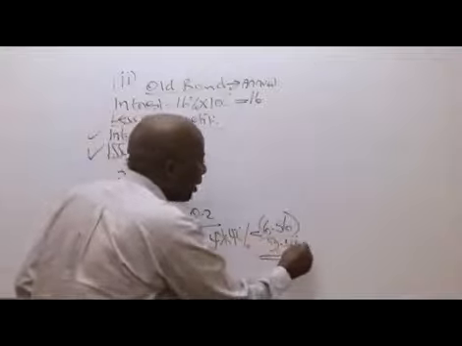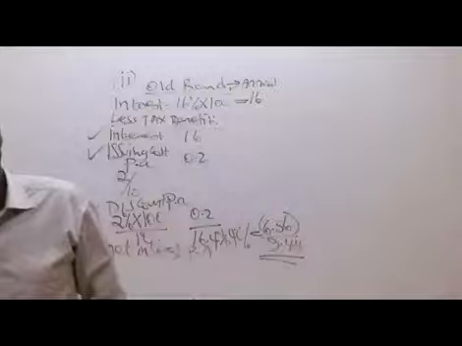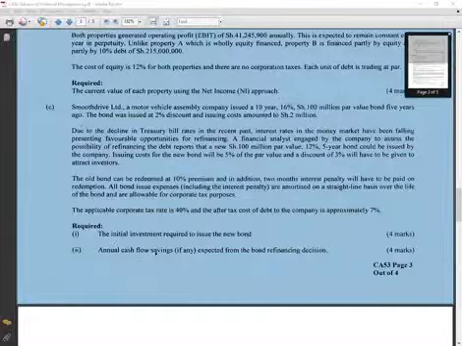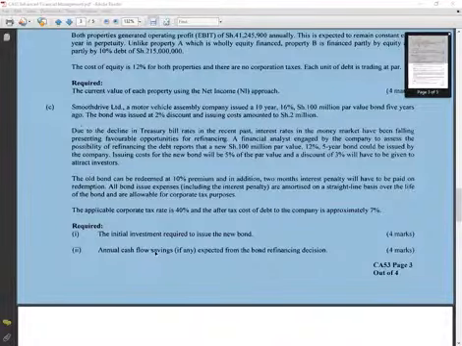Ladies and gentlemen, remember I'm doing Roman 2 of this question. Roman 2 is quite categorical. It wanted us to give the annual cash flow savings. So what we have gotten here is the annual cash flow for the old bond. For you to deduce the saving, you need to do the same analysis, but this time for the new bond.